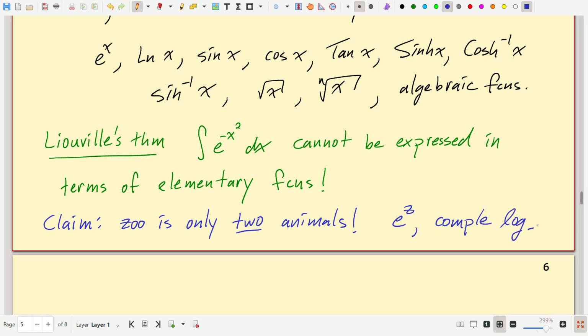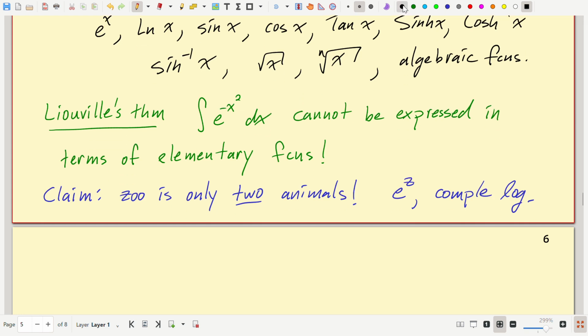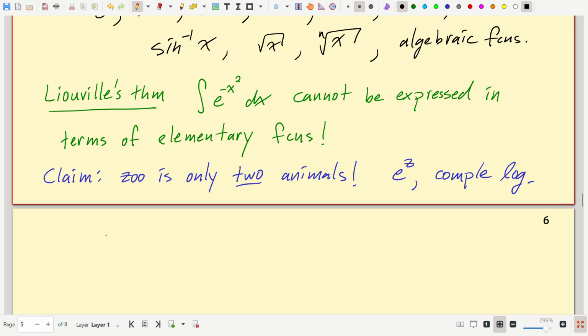And to show you, for example, I'll do an example. Let's do the inverse cosine function. Let's write z equals the inverse cosine of w.